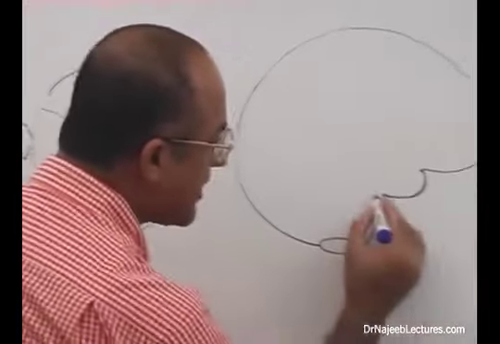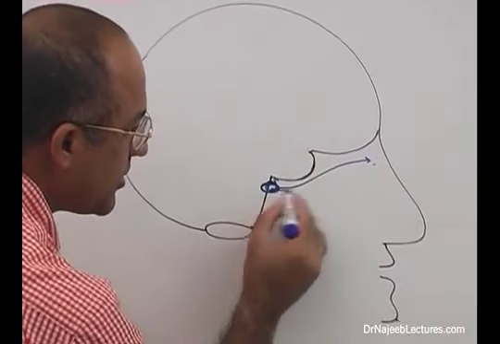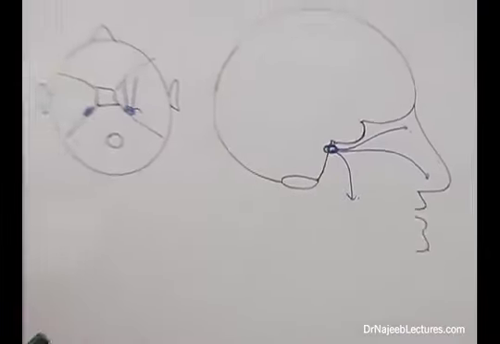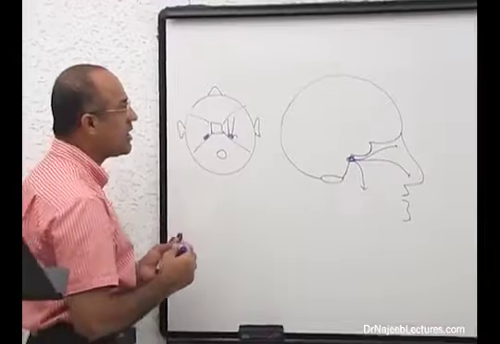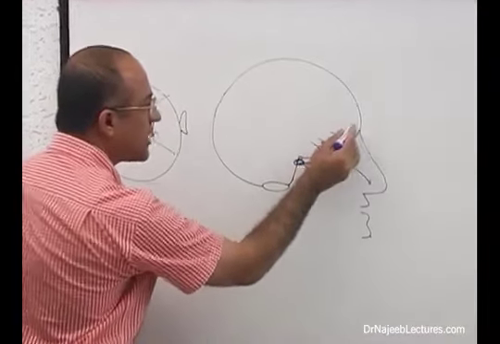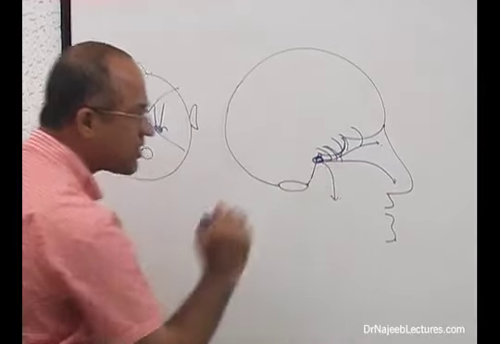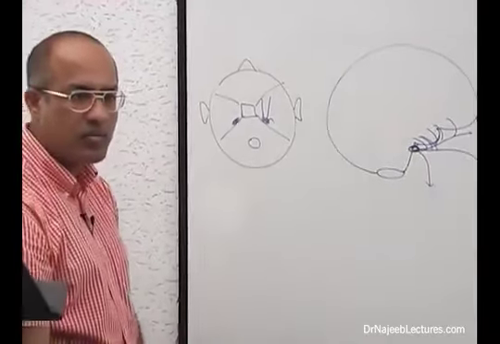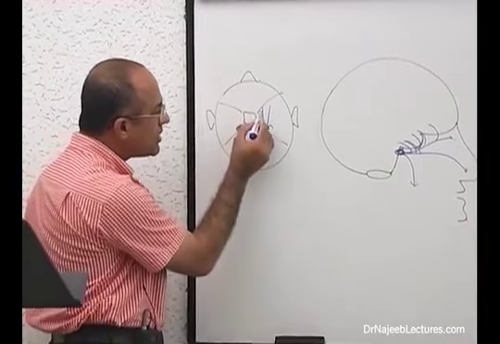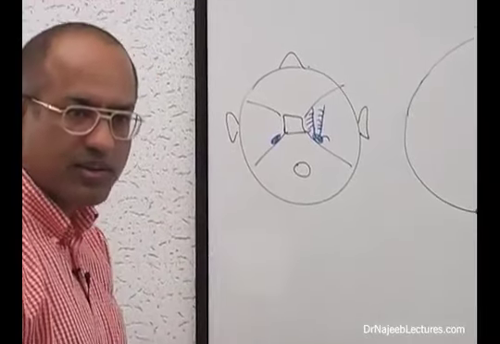If we put the ganglion here, then this is ophthalmic division, this is maxillary division, and here is mandibular division. Is that right? Actually, ophthalmic division gives the branches to the dura mater of anterior cranial fossa, and maxillary division gives branches to the dura mater in the middle cranial fossa, right? So ophthalmic division is giving branches and maxillary division is giving branches.